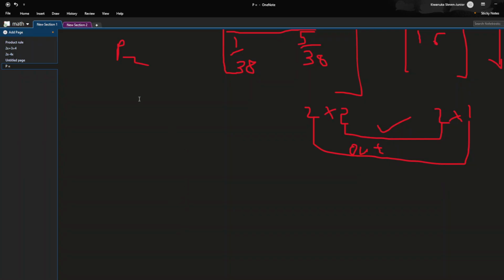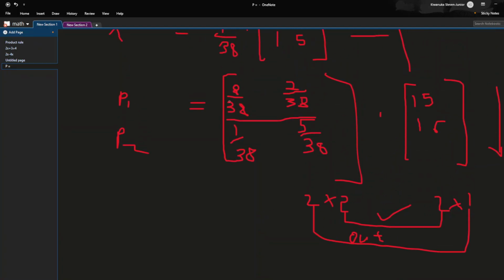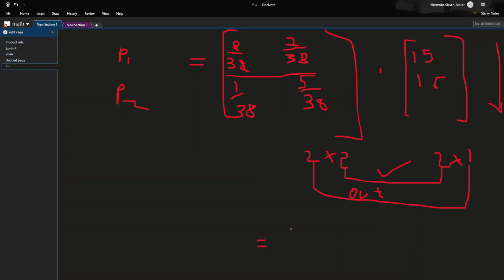So we have 8 divided by 38 times 15, and we get 60 out of 19.